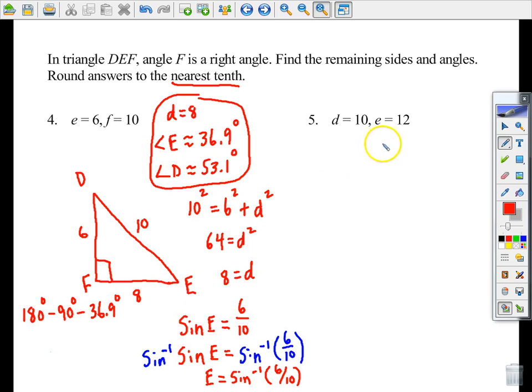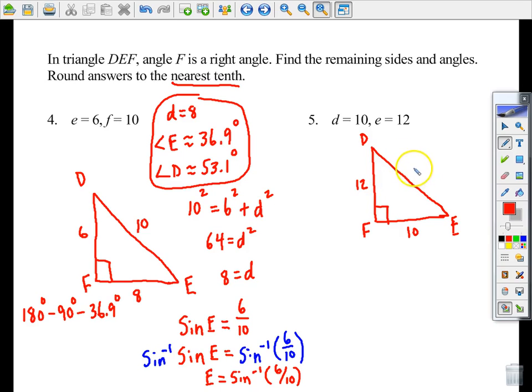Let's work on number 5. Let's draw another right triangle. Again, we're told that F is the right angle, so this is D and this is E again. This time I'm given the measurement for D, so if this is angle D, then this is side D. The side is opposite the angle. And side E is 12, which is opposite angle E over here.